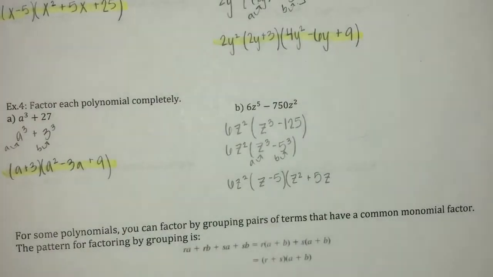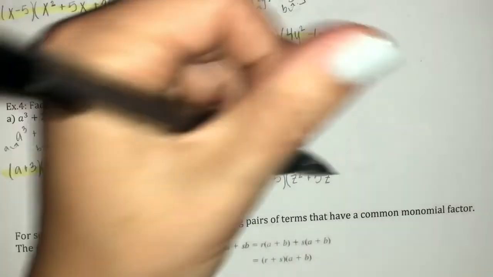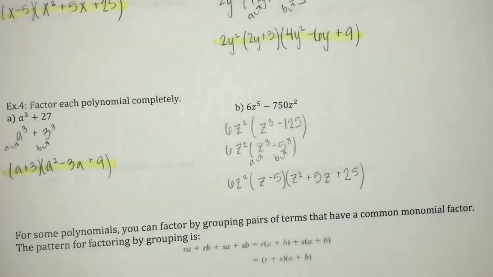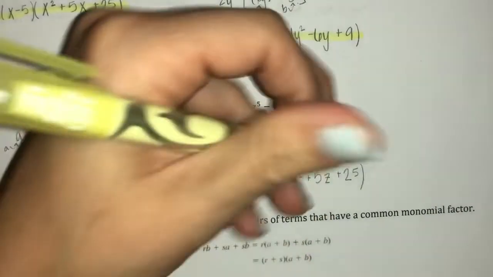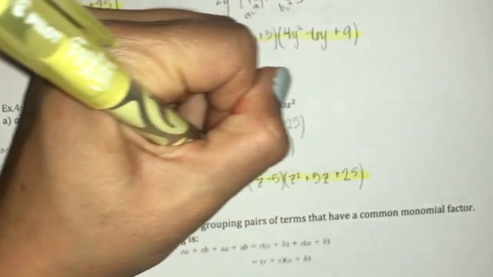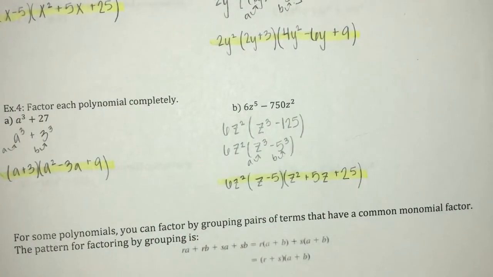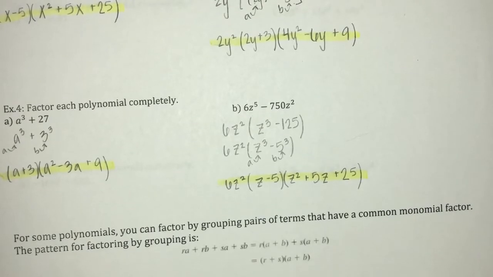And then plus b squared, so plus 5 squared, plus 25. So we get 6z squared times z minus 5 times z squared plus 5z plus 25.